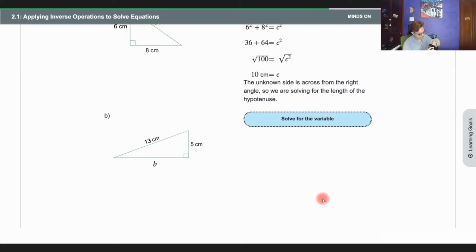It's 144, so you have to take the square root of that to get to b.